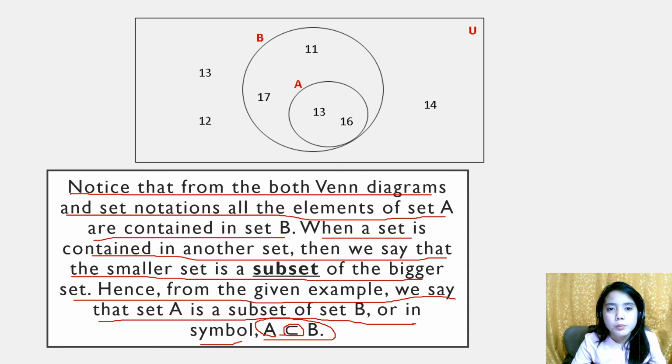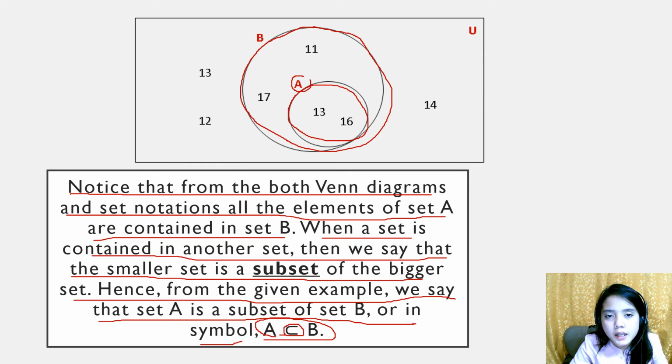Okay, so meaning to say daw, kini daw si B, di ba ang mga elements man ni A, kay naay 13 ug 16. Di ba si A na siya sa sulod ni B? Therefore, kini daw si A, subset daw siya ni letter B. Okay?